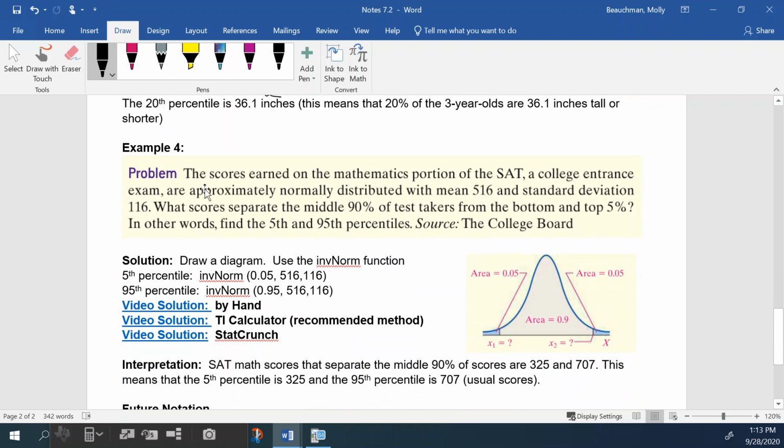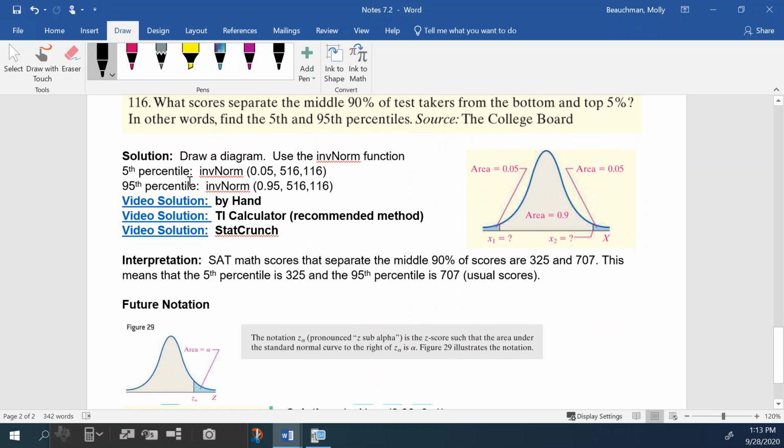The scores earned on the math portion of the SAT, a college entrance exam, are approximately normally distributed with a mean 516 and standard deviation 116. What scores separate the middle 90% of test takers from the bottom and top 5%? In other words, find the 5th and 95th percentiles.